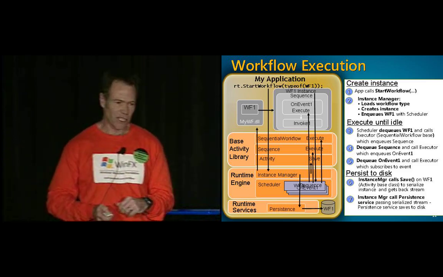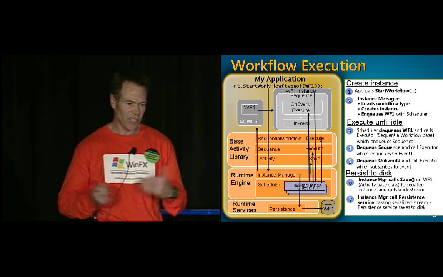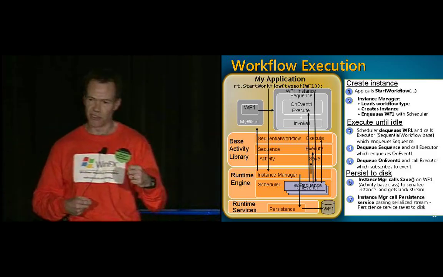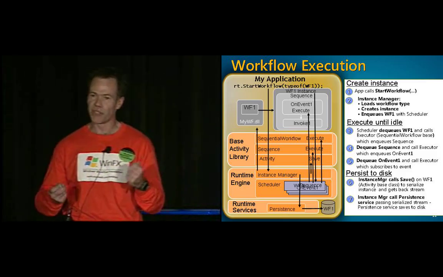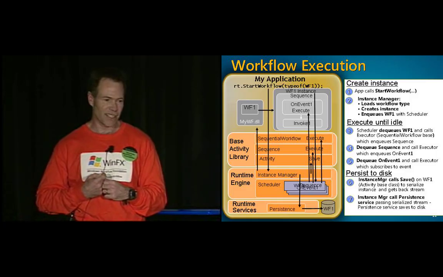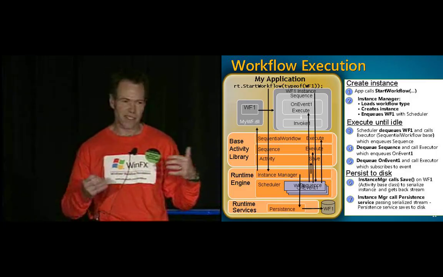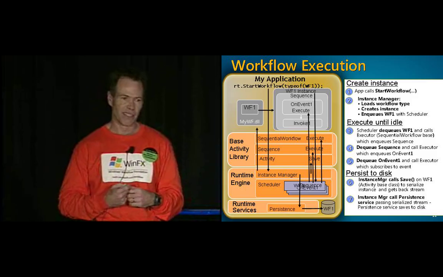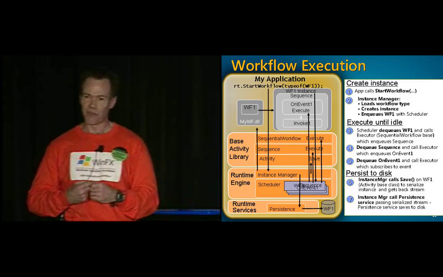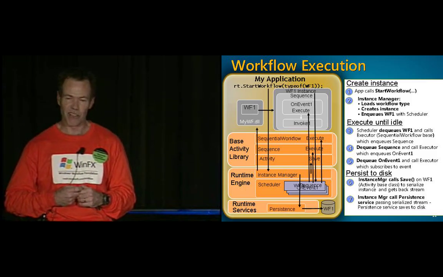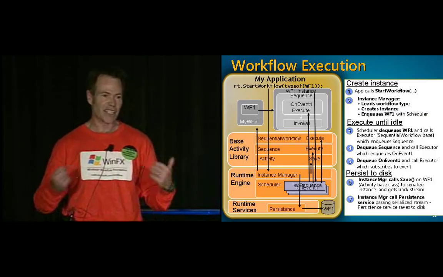Let's walk through what happens when it executes. First thing that's going to happen is the scheduler is going to dequeue the next thing to do, and in this case, the top of the stack is workflow 1. And as you saw, every activity has this executor or execute method. So as you might expect, workflow 1, since it's an activity, derives from activity, has an execute method.